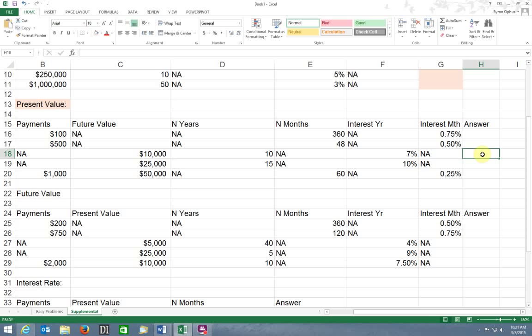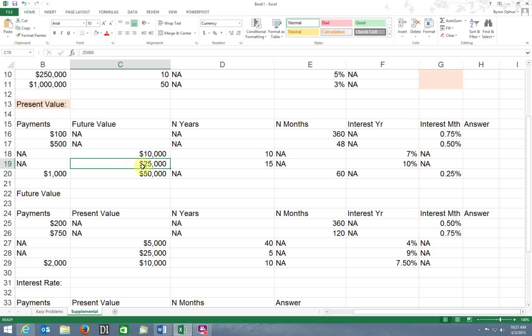Because at 7%, whatever I would receive today would increase in value over the years to get to that 10,000. So this number is going to have to be significantly less than $10,000. And I do the same thing then for the 25,000.